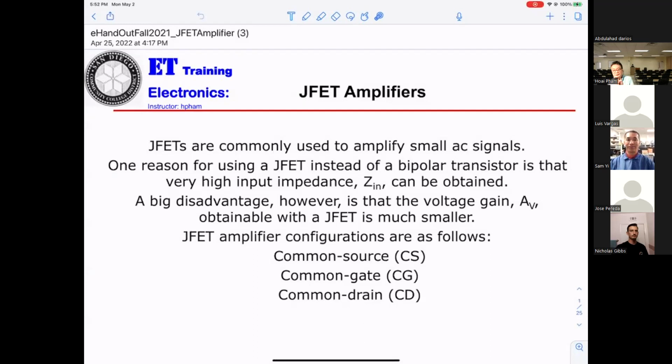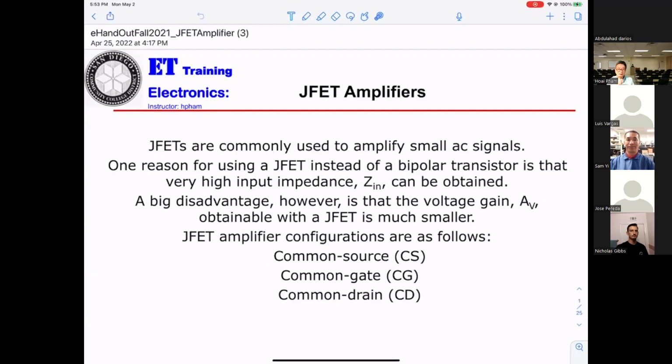And when we're talking about DC bias, you have to memorize how many different ways we can bias the JFET. The first is fixed bias. The second one, self bias, and the next, voltage divider bias.